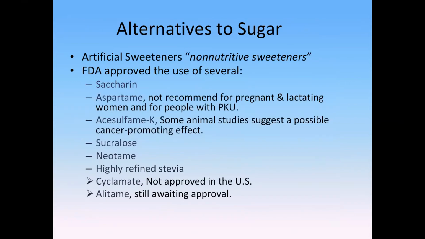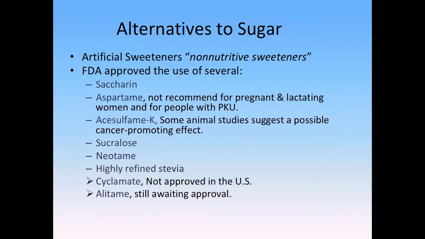So what are the alternatives to sugar? We have the artificial sweeteners, the non-nutritive sweeteners. Why do we call them non-nutritive? Because they don't really add to energy consumption. So when you consume an artificial sweetener, you will have 0 calories. The FDA approved the use of several artificial sweeteners such as saccharin, aspartame, and a lot of types now available in the market: sucralose, neotame, highly refined stevia.